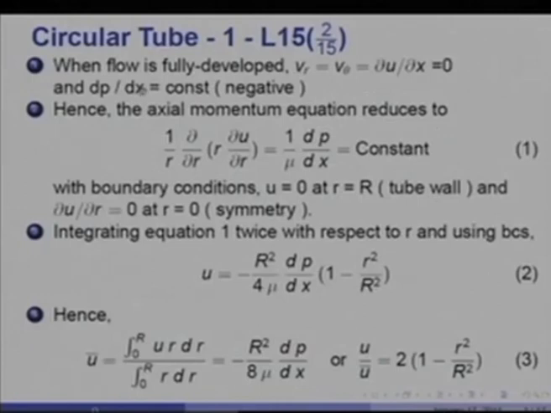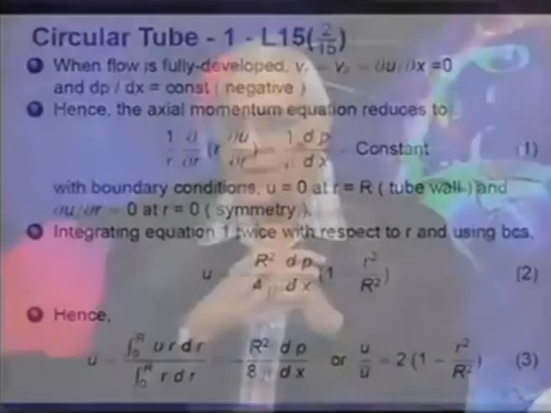Let us take the case of a circular tube, which you all very well know. This is simply to refresh your memory. When the flow is fully developed, then the radial velocity as well as the circumferential velocity components are 0, and the axial velocity gradient is also 0, because the boundary layers have now met, which results in the axial pressure gradient to become constant.